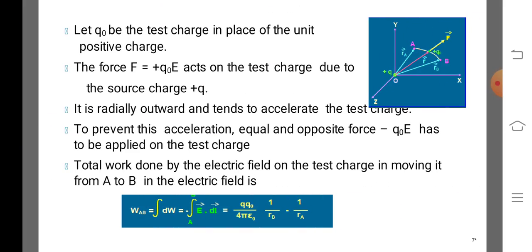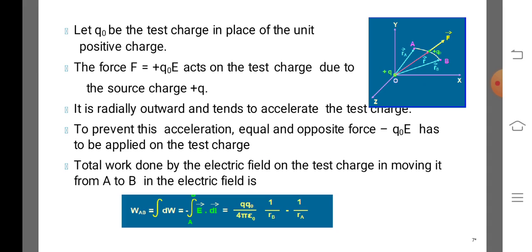Let Q naught be the test charge in place of the unit positive charge, and let there be a force acting on the test charge due to the electric field. The force is given by F equal to QE, where Q represents charge and E represents the electric field.